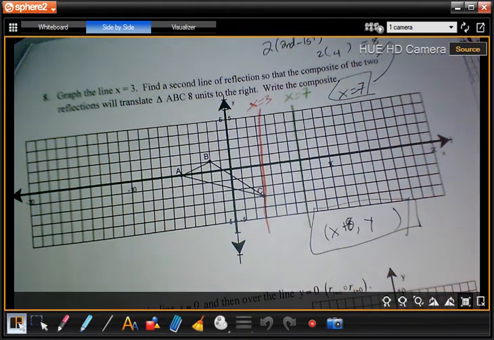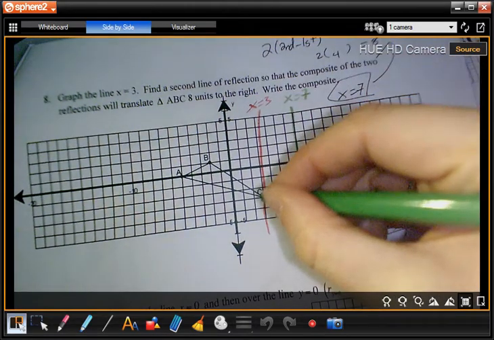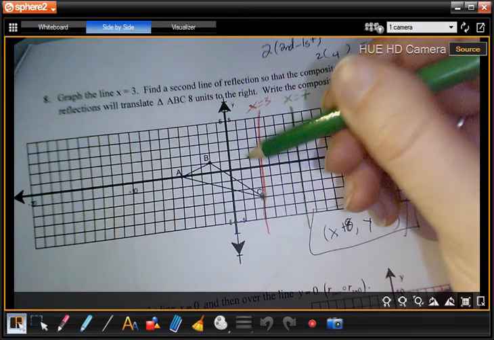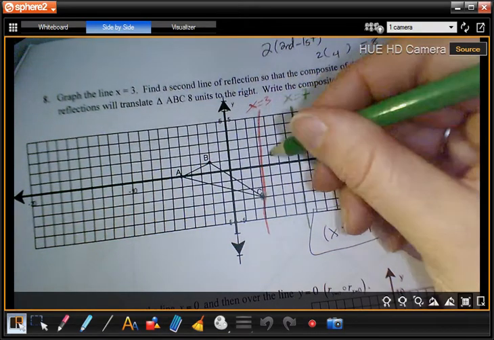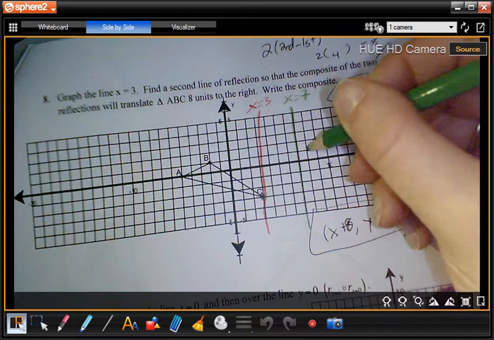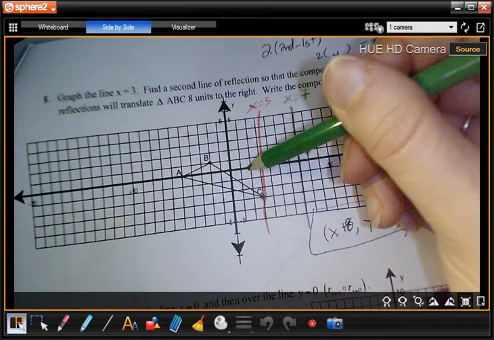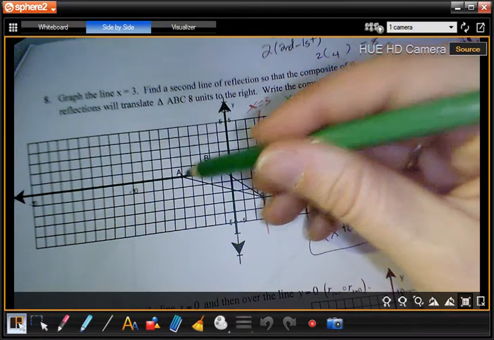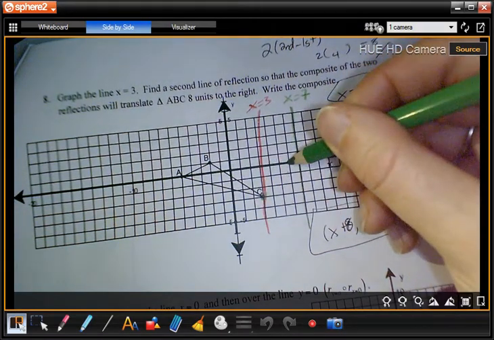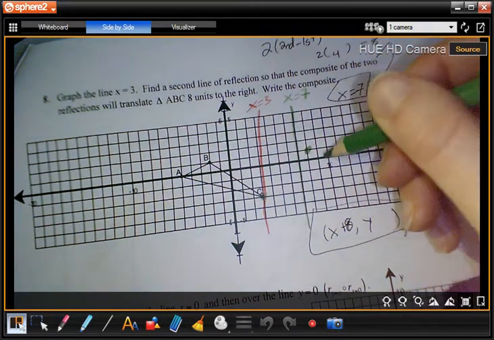Okay, so C didn't move. B is 1, 2, 3, 4, 5 away. A is 1, 2, 3, 4, 5, 6, 7, 8 away.